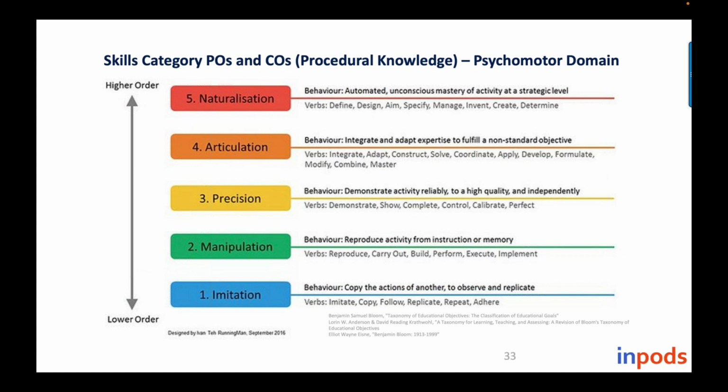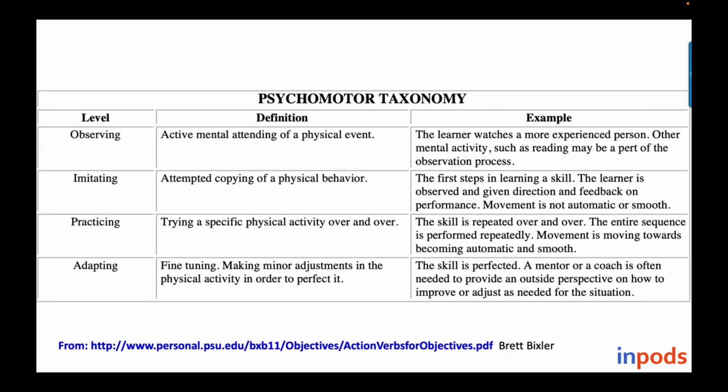It is written there on the website, so this is not my hypothesis. I'm just referring to what is written on the websites at various places. So this was then derived research by others who came out with this kind of taxonomy of the psychomotor domain.